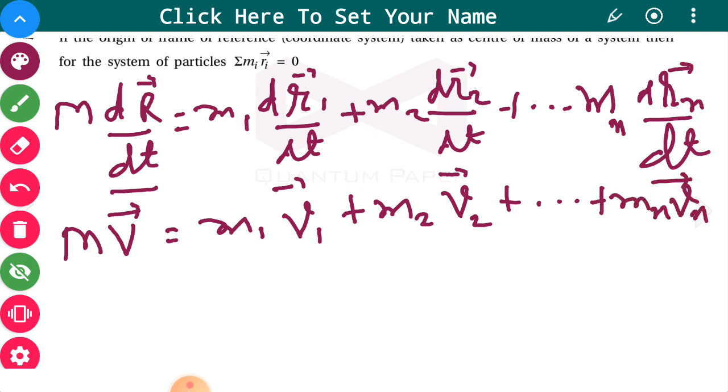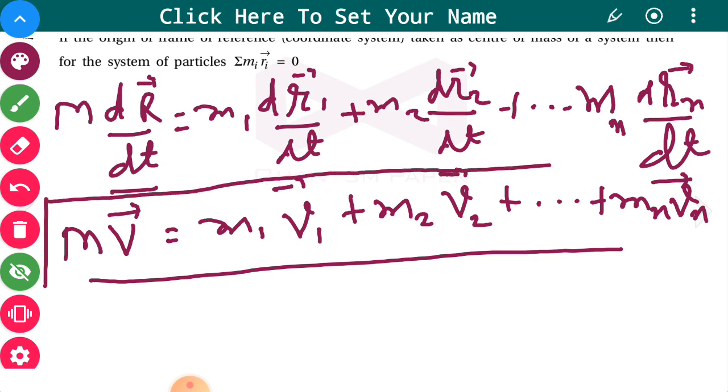This is the expression for the system of n particles when they are in motion, and this V shows the velocity of center of mass.